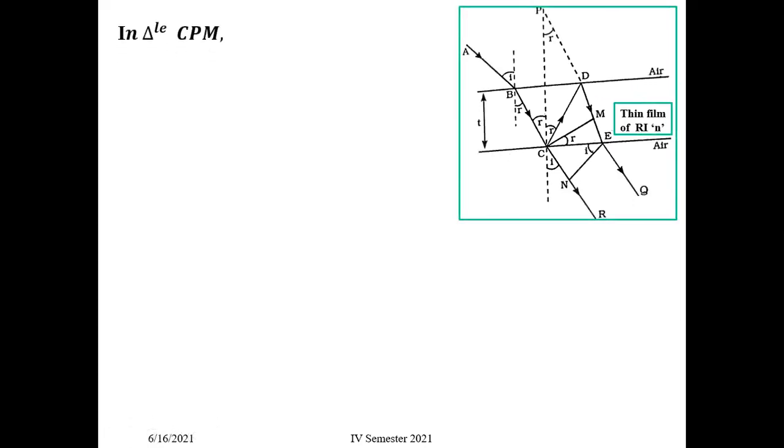That's why I'm going to take cos r from the triangle CPM. Cos r is equal to the adjacent side, that is PM, divided by the hypotenuse, that is CP or PC. Therefore, PM is equal to CP into cos r. But CP is equal to 2t.